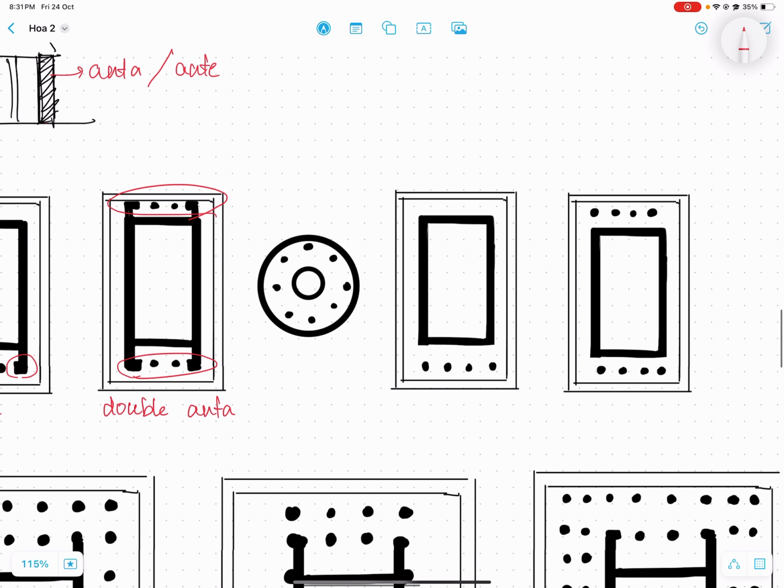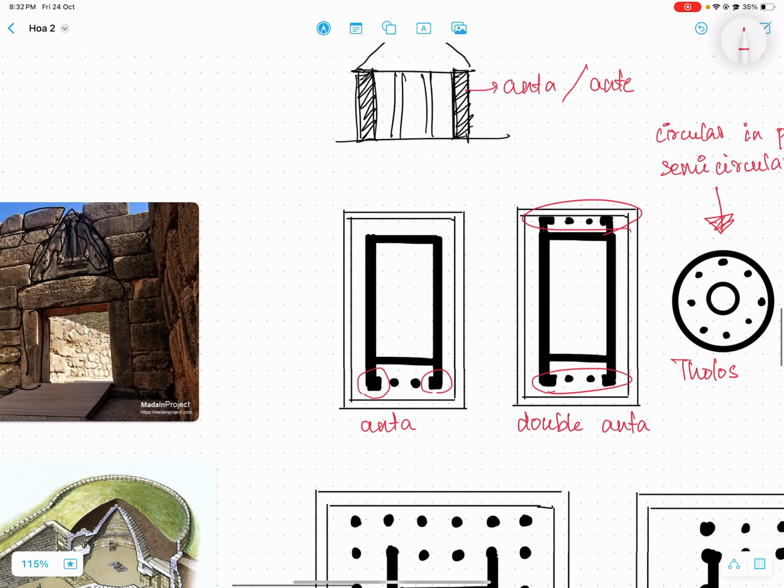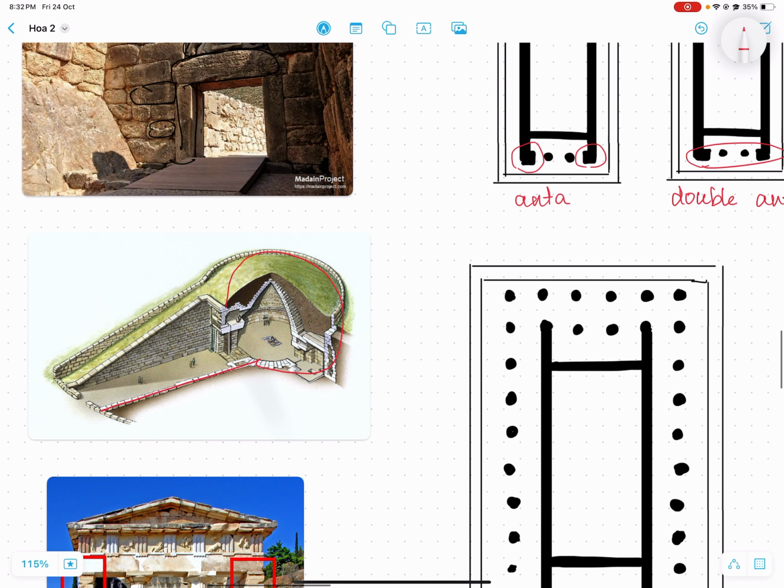And any structure that is circular in plan and semicircular in section is called tholos. You can remember it from our beehive tombs, which were also called tholos.